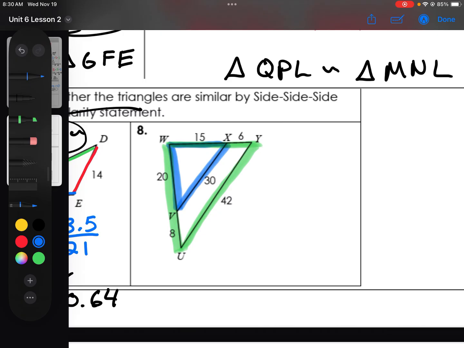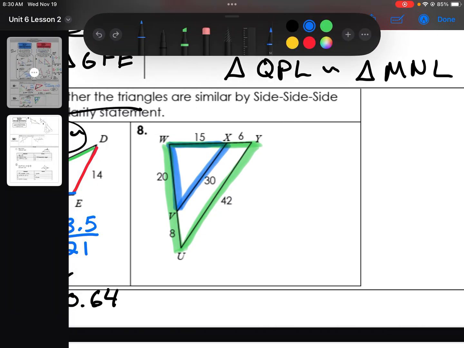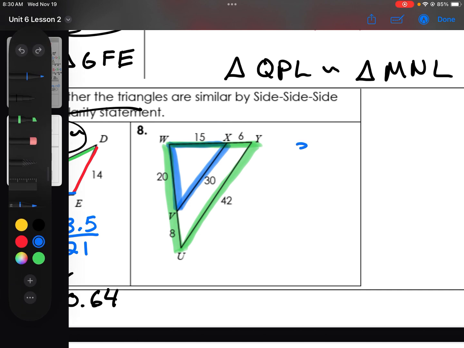So we're going to take the little triangle first. I'm looking here at the bottom. I can see that 30 is going to correspond with 42. So I'm going to do 30 over 42. The relationship between those two sides needs to be equal to the relationship between 15 and 21. At this point, you might be wondering, where did I get 21?